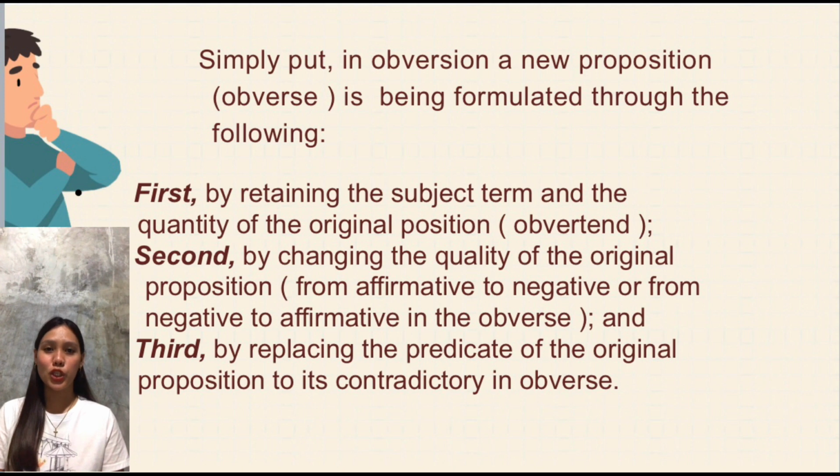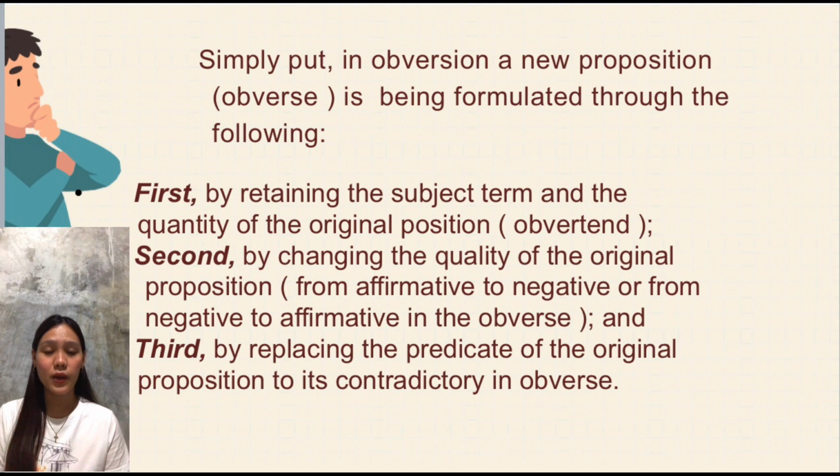Simply put, in obversion, a new proposition or the obverse is formulated through the following. First, by retaining the subject term and quantity of the original proposition or the obvertend. Second, by changing the quality of the original proposition from affirmative to negative or from negative to affirmative in the obverse.